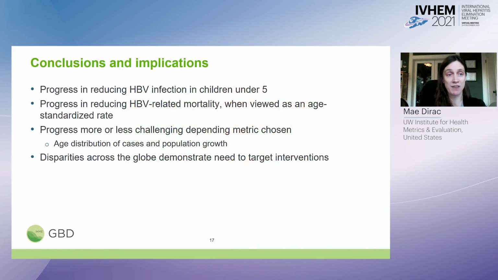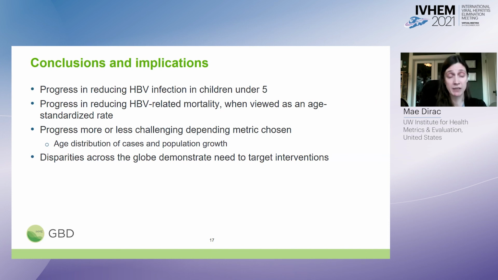So, conclusions from our findings: we see great progress in reducing HBV infection in children under 5, who are new cases of chronic disease. We see progress in reducing HBV-related mortality when viewed as an age-standardized rate, but progress is more or less challenging depending on the metric chosen, because countries are facing different age distributions of their cases and different amounts of population growth.